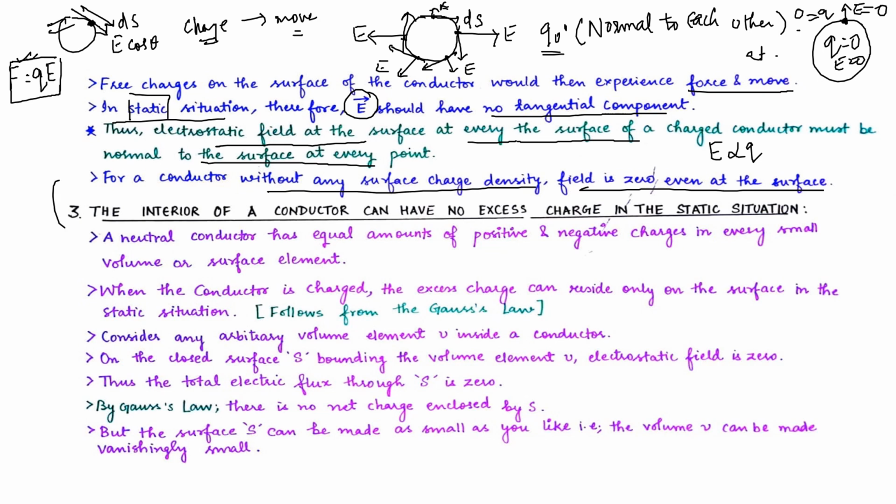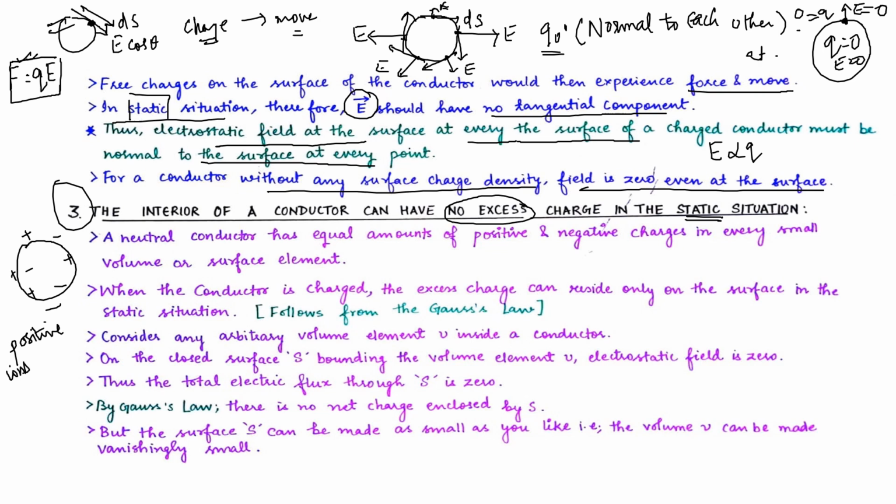Now the third point: the interior of a conductor can have no excess charge in the static situation. This is very important. When we are saying it's a static situation, how can there be excess charges? Very understandable. This is a conductor, and in this conductor the positive and negative ions being generated are equal in number.